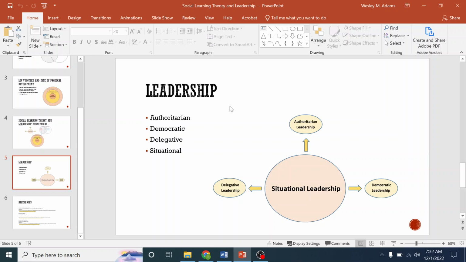Then you have democratic delegative. So that would be something that you would definitely see at Google, Apple, in higher education. And here's an example. So let's say I'm in your group, and I say, hey, I'm decent at video editing. I'm also fairly good at kinesthetic learning. Where would y'all want me to be? So you're kind of guiding the conversation, but you're giving them a choice in the process.